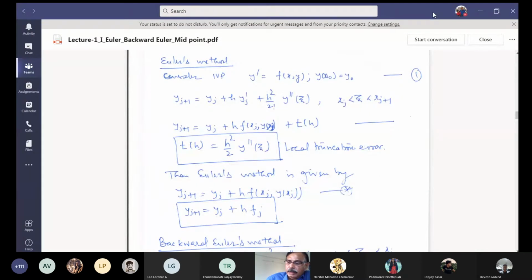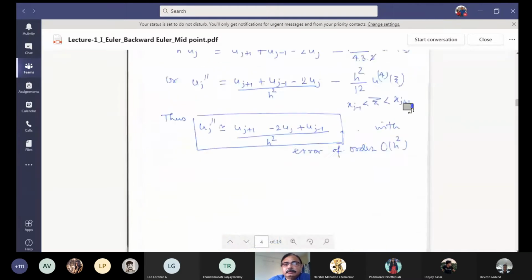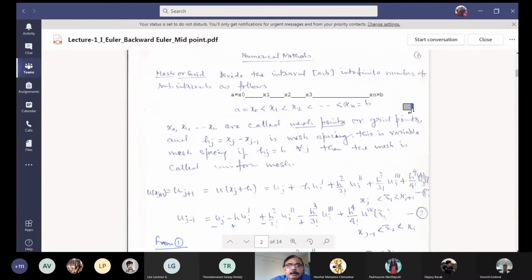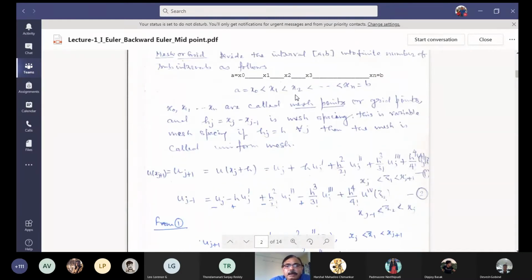The nodal points are x0, x1, x2, x3, that I have shown in the very first slide. So x0 to b, I have subdivided into n number of subdivisions. These are equispaced, let us say. So h will be b minus a by n. Write down, h will be b minus a by n.